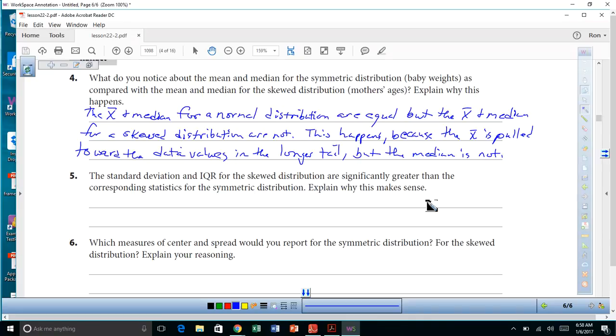The data are more spread out in the skewed distribution.